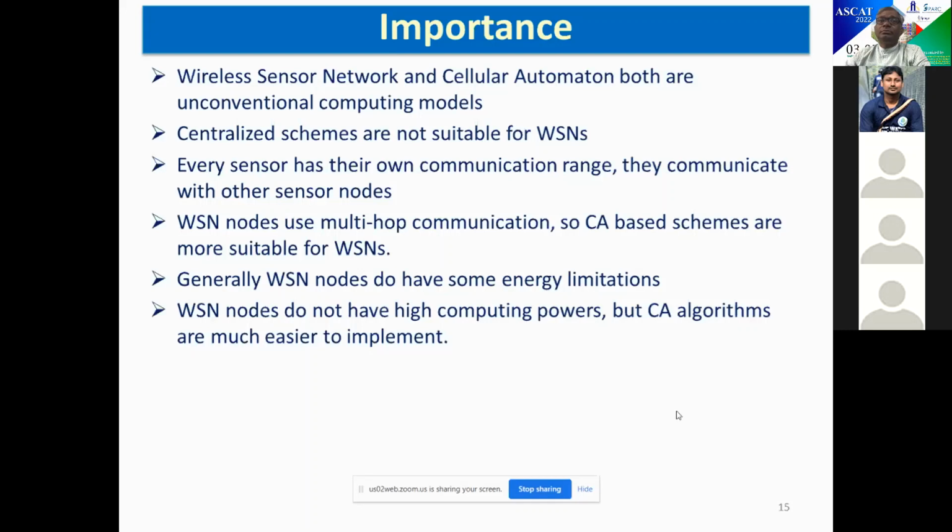It can be very useful if we can solve the single source shortest path problem in wireless sensor networks. Okay. In future. Okay.